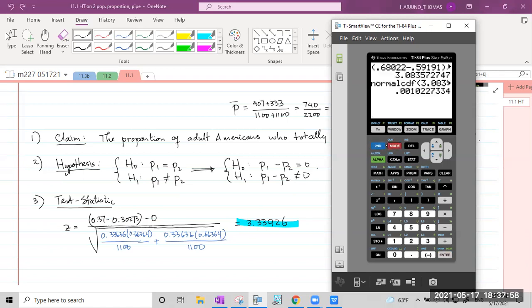So let's see, on the numerator, 0.37 minus 0.30273, that's the numerator, divided by the square root of 0.33636 times 0.66364 over 1100 plus the same thing, actually exactly the same thing.